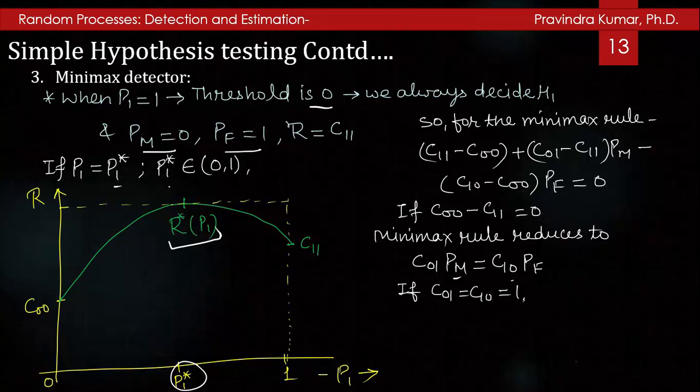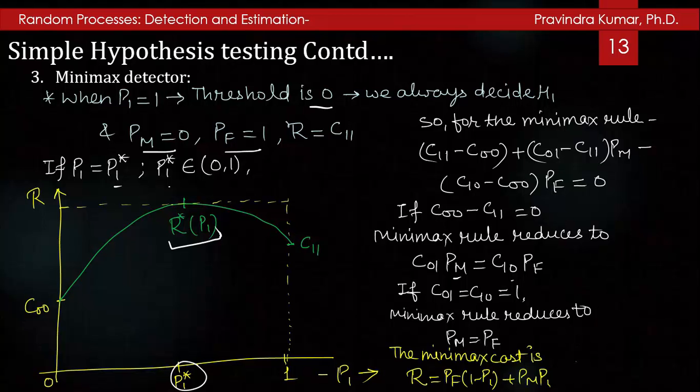And here if C01 is equal to C10 is equal to 1, meaning the cost of the incorrect decision is 1, the Minimax rule at this point P1 star reduces to the probability of miss being equal to the probability of false alarm, and the Minimax cost, the Bayes risk, is equal to PF (1 minus P1) plus PM P1. You can write it as PF P0 plus PM P1, which is the same as the average probability of error.